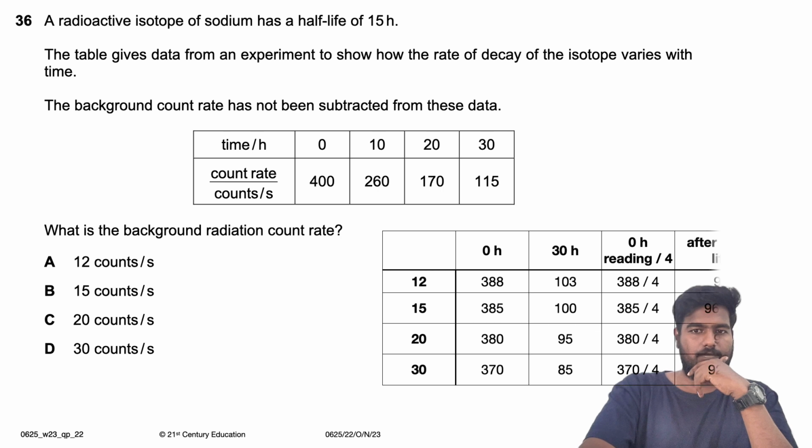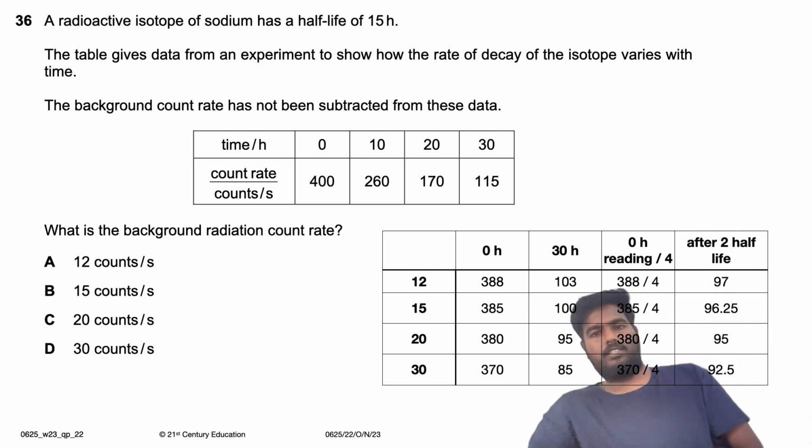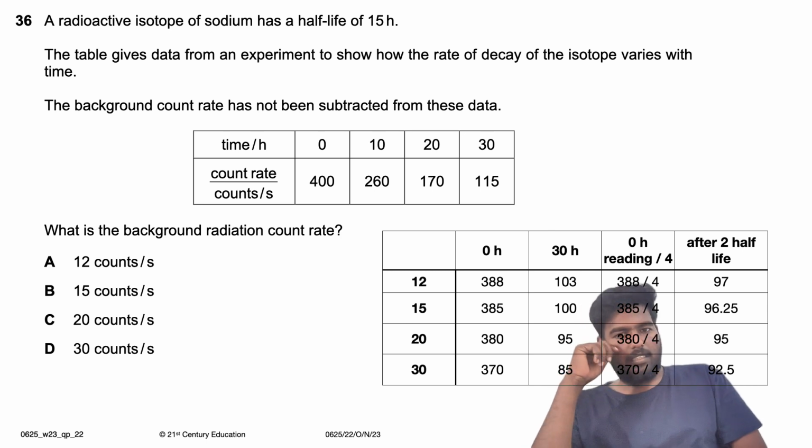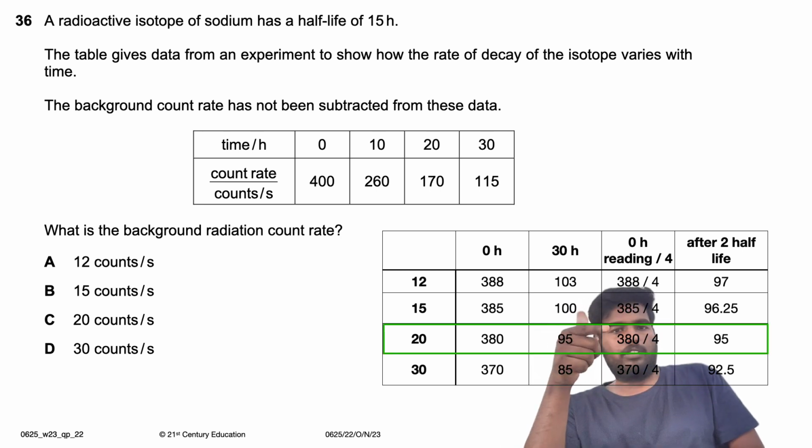If you look at option C, 20: if you subtract 220 from 400, you get 180... sorry, you get 380. Then you divide 380 by 4 and you get 95. That matches with the given value. 95 comes from 115 minus 20, which is 95.